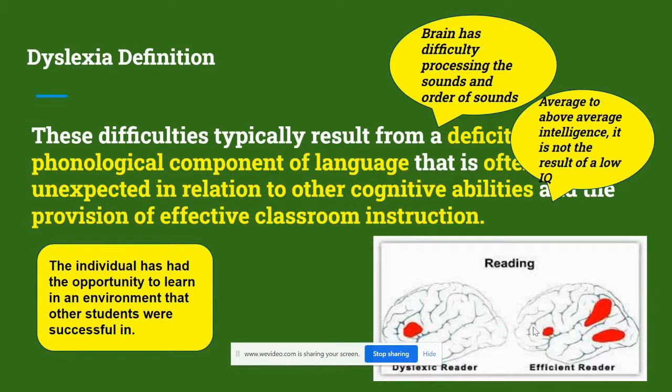There are neural pathways that connect these two that are efficient in a non-dyslexic reader. But when you're looking at a dyslexic reader, those neural pathways to the back of the brain have not yet been developed. And so that is a key difference between a dyslexic reader and an efficient reader: those neural pathways have not yet been established.